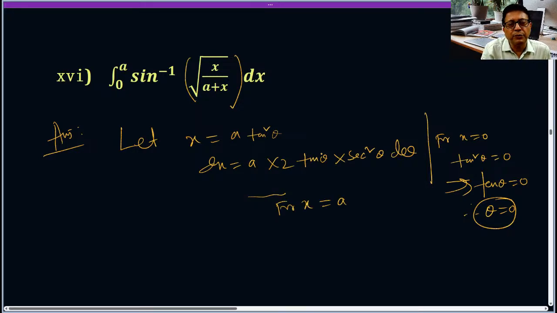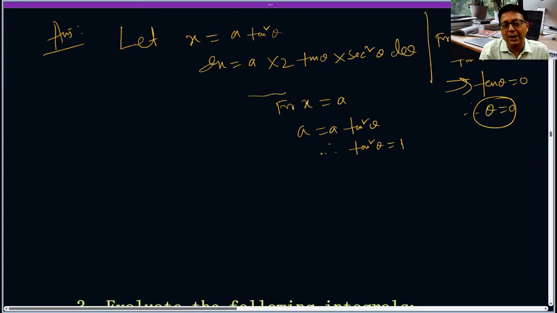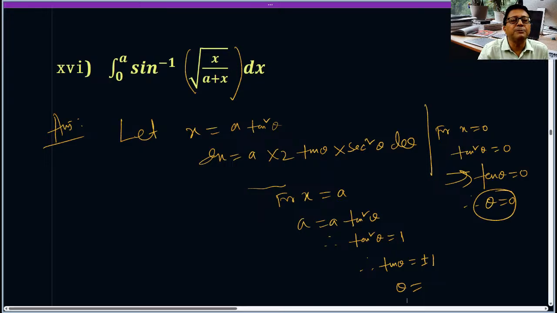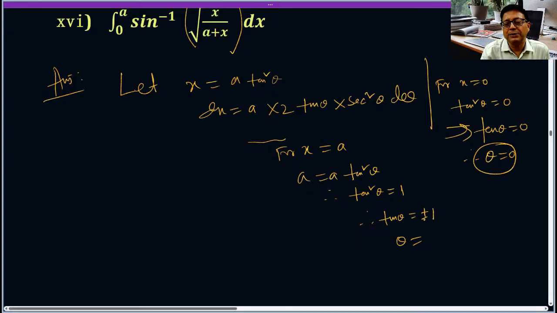For x equal to a, put it here. So tan square theta 1, tan theta plus minus 1, you will take positive value always. Because in this interval this function is increasing, so you take pi by 4 only, never negative. So limit is 0 to pi by 4.